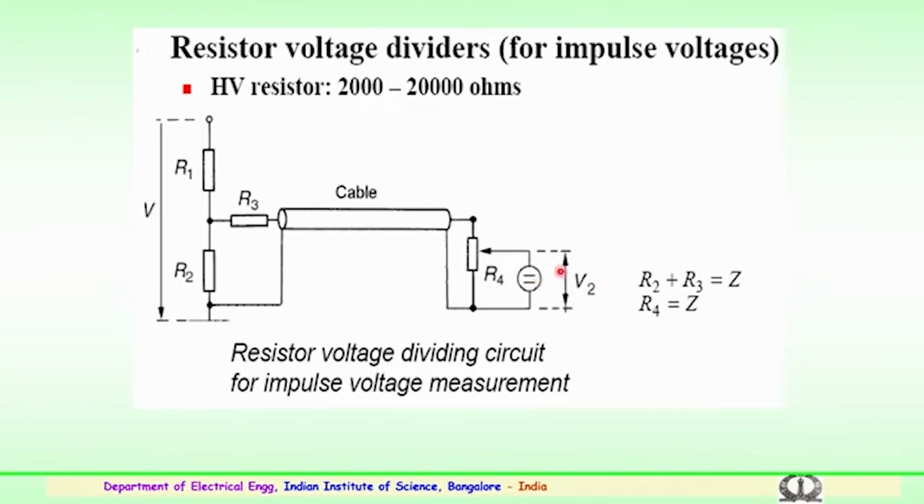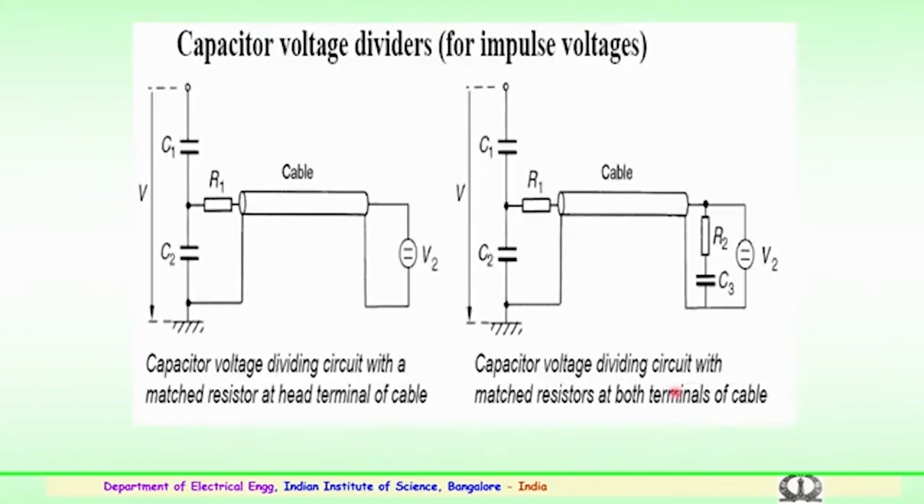So, for measuring impulse voltages, the compensation or the cable which is being used has to be properly used with the terminations and suitable terminating resistors or impedances. For capacitive dividers, again for impulse voltages, as discussed with C1 and C2, we use resistance R1 at the beginning of the cable for the measurement and for how the voltage is obtained.